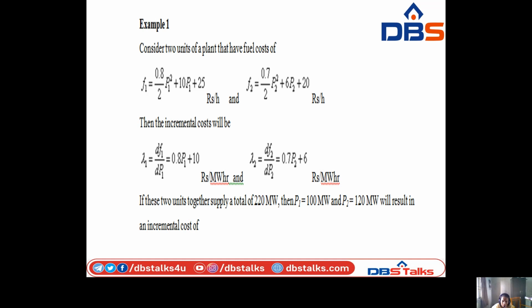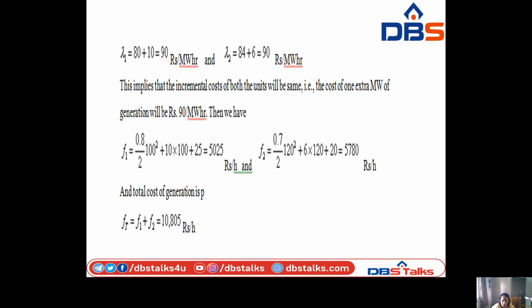You can substitute the P1 value, then the incremental cost is 80 plus 10, 90. So that is 90 rupees per megawatt hour, and lambda 2 equal to 90 rupees per megawatt hour. Then you can substitute the P1 and P2 values. So this implies the incremental cost of the units is the same, such that the cost of one extra megawatt of generation will be 90 rupees per megawatt hour.